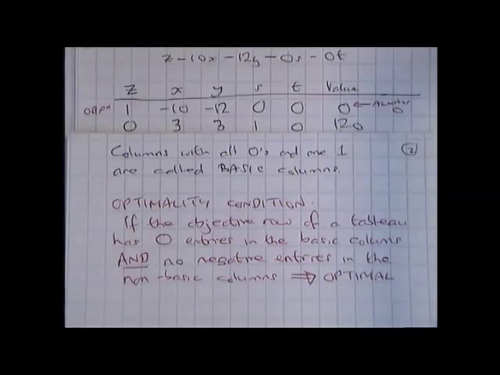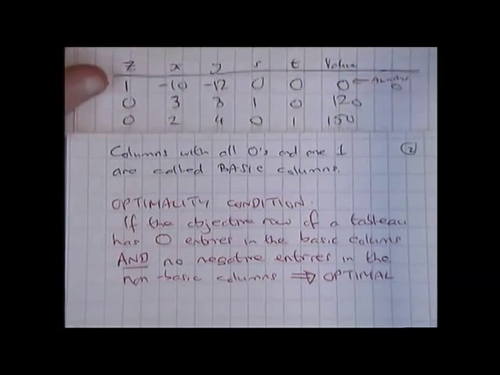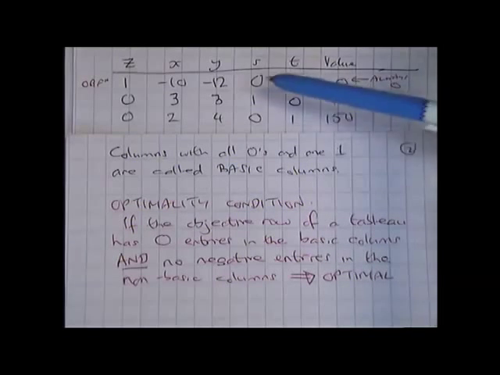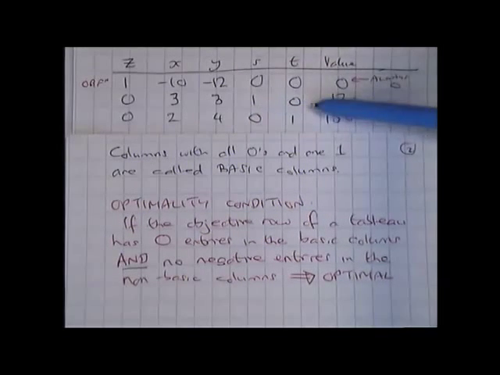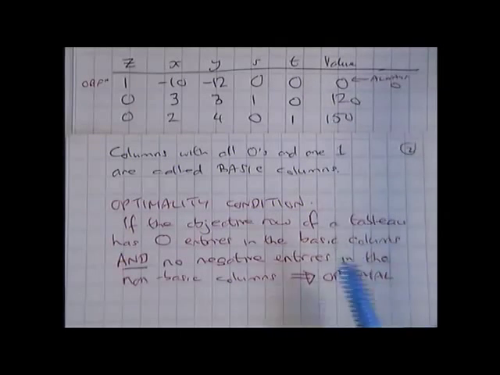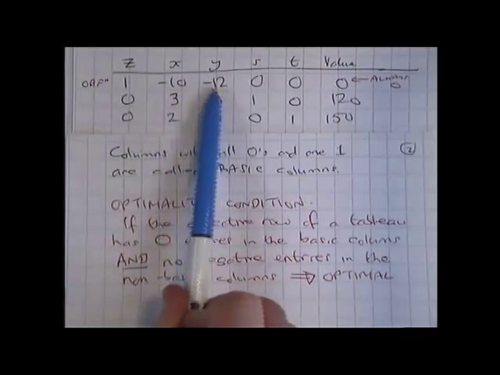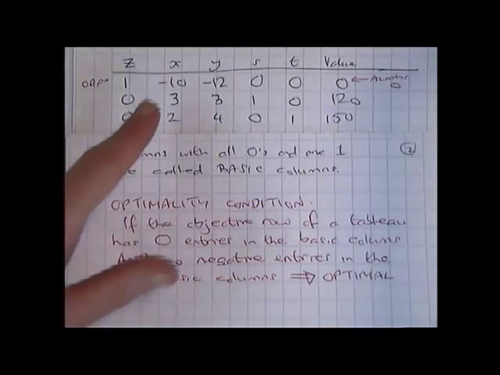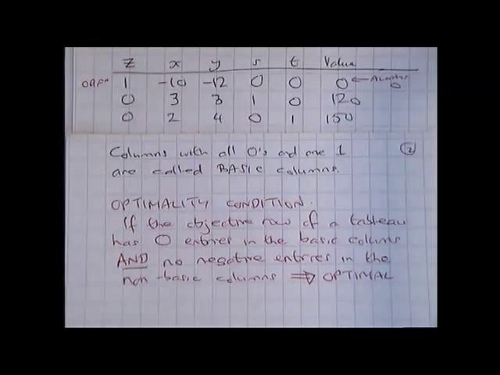We said we have at the moment 0 entries in the basic columns. The basic columns are the ones with zeros and ones in. It's the here and here, the S and the T. But do we also have no negative entries in the non-basic columns of the objective row? No, we don't. So at the moment, that -10 and that -12 mean we are not optimal.